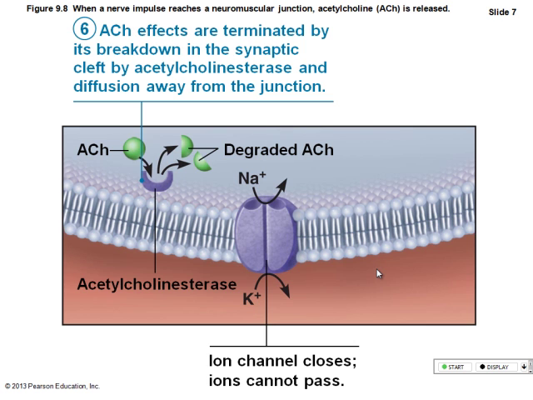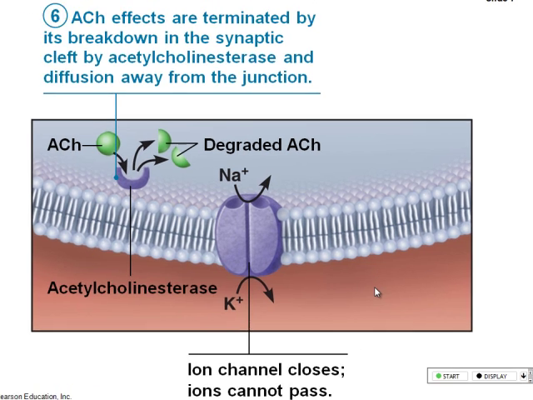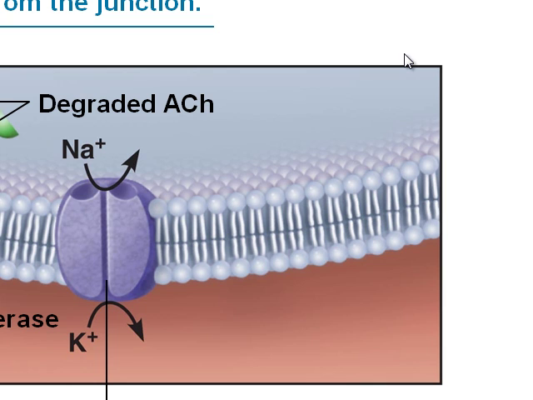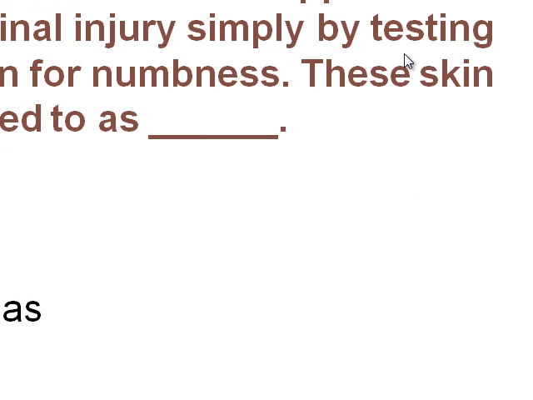We're always going to see ASE at the end of the word, right? The name of the enzyme that degrades acetylcholine is acetylcholinesterase. Otherwise, this would just keep going. It's also going to diffuse out of the area as well.